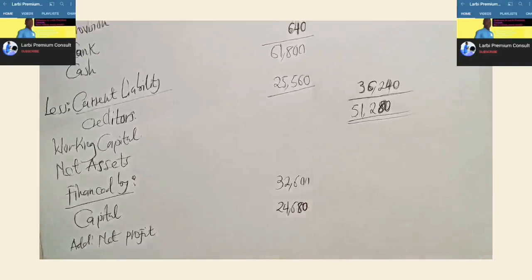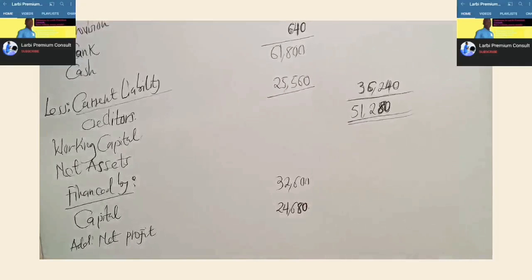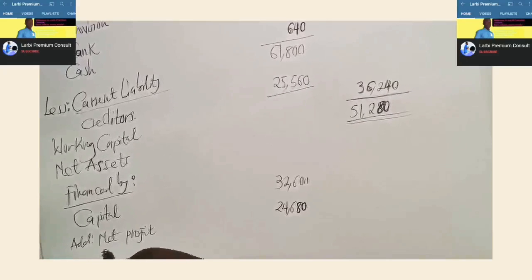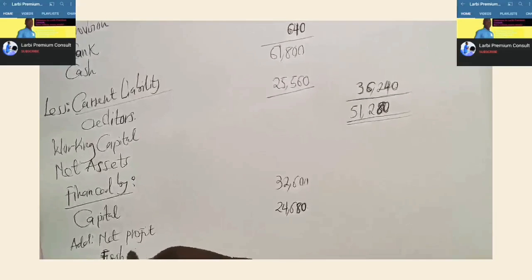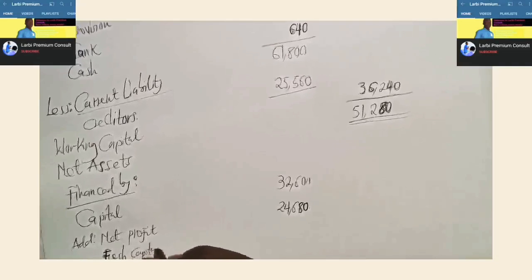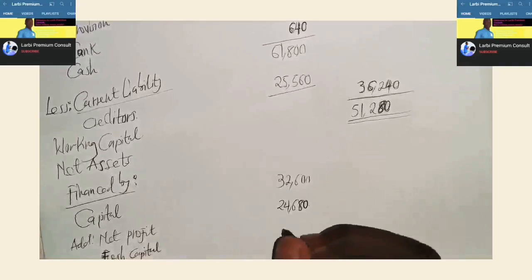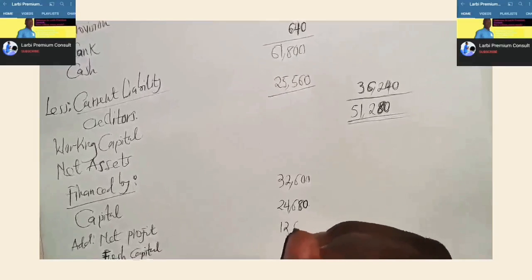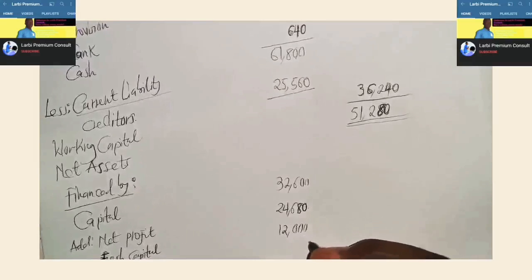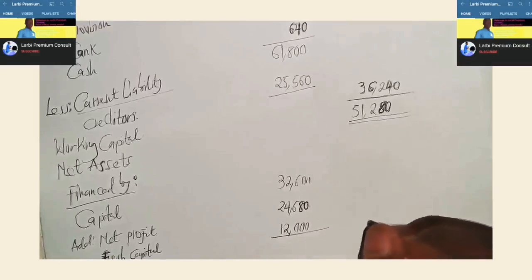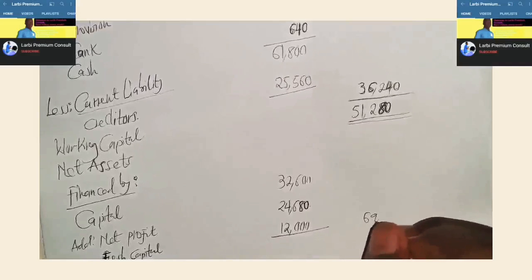Then if you have any other additional capital introduced, also add it back. So we are adding fresh capital that we introduced, so we know the capital that we actually started the business with. There was a fresh capital in that case. The fresh capital was 12,000. That was additional capital that we actually introduced. So in total I had 69,280.